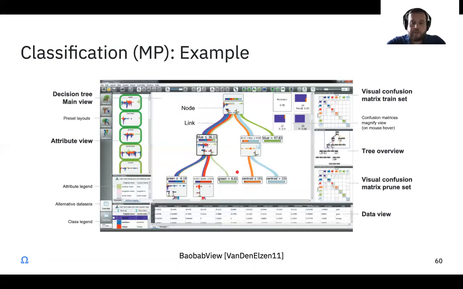So this is Baobab view, where you can construct a decision tree classifier. Here we see how the data flows from the entry node to the leaves. We see the decision boundaries nicely visualized, and we have some side views to diagnose this tree further.